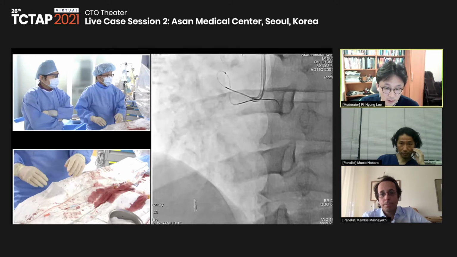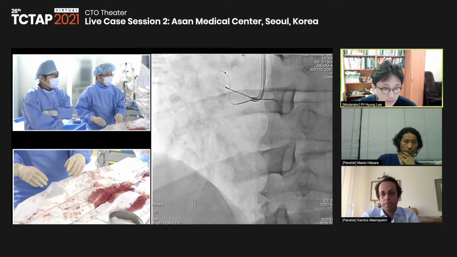But I want to comment on the puncture effort in this case, because the entry of the CTO was quite short from the RCA ostium, and the second obstacle was that there was a stenosis just before the entry.